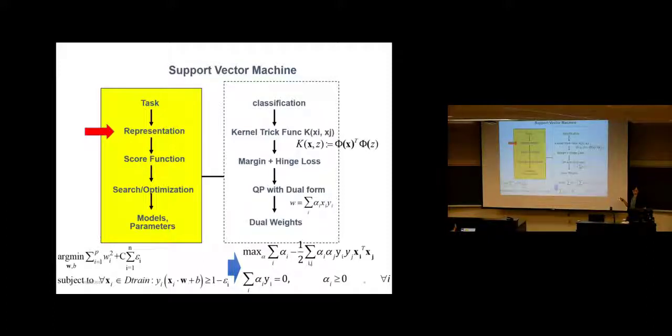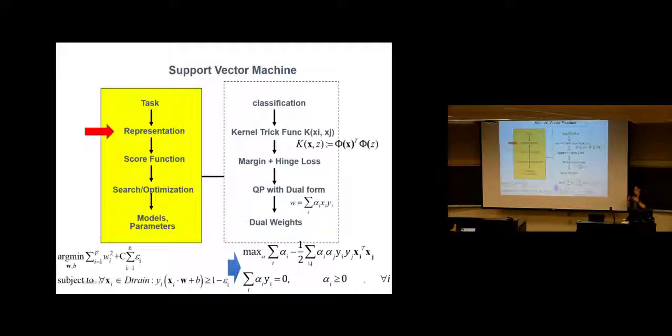So today it's really about representation. How do you represent samples? The most important idea behind SVM is called the kernel trick, and the kernel, by definition, is just an inner product. Instead of thinking about each sample represented by features, now I'm thinking about similarities between two samples.